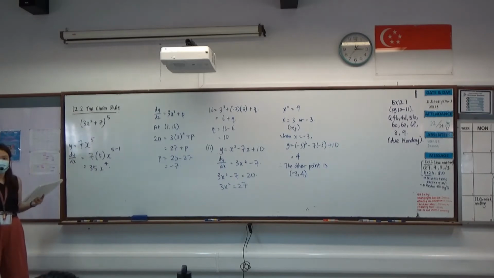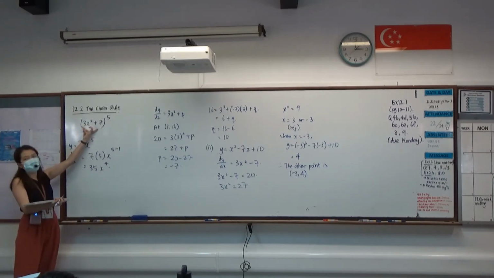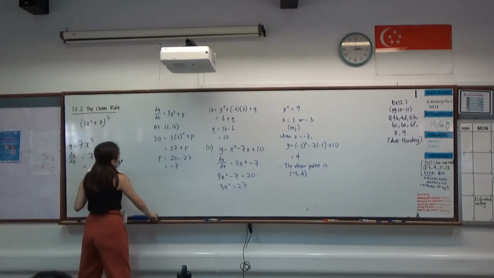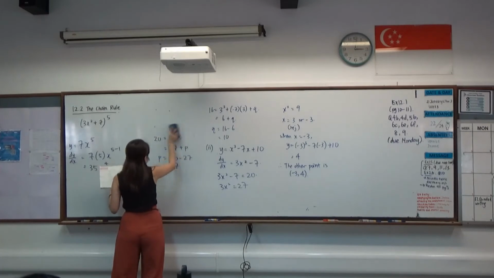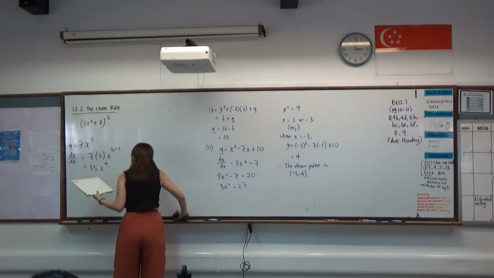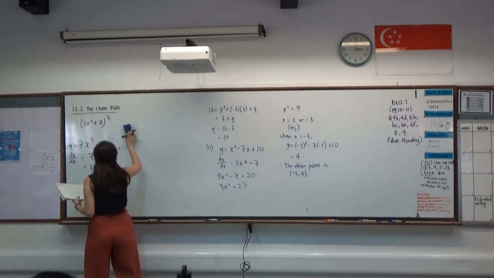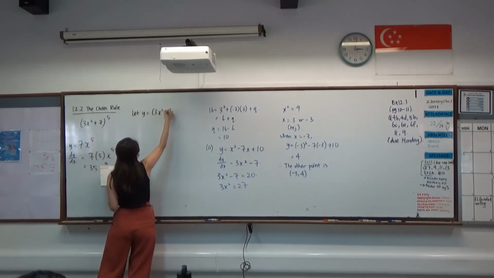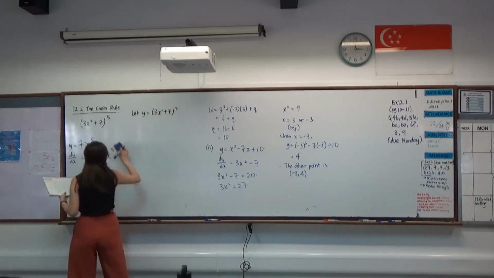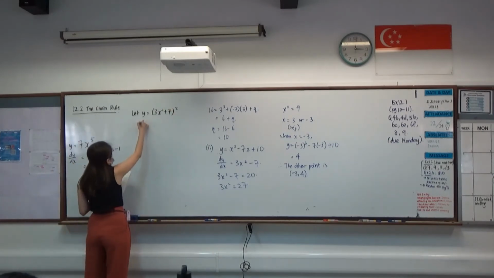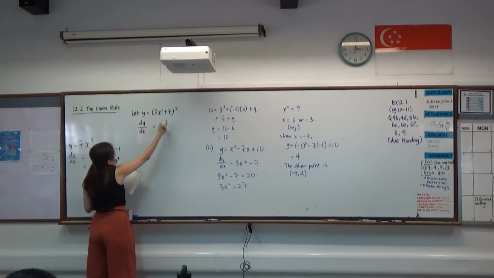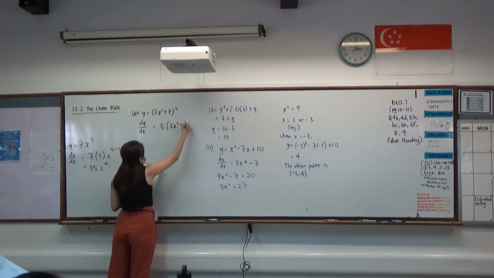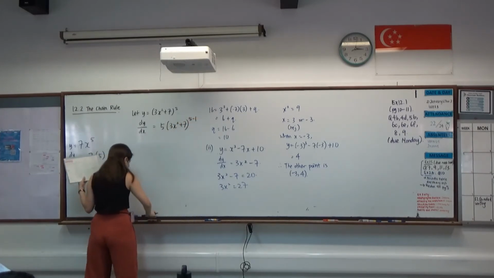But now what about this? So it works similarly, but the difference is that there is this whole thing inside the brackets for the power of 5. So our chain rule, so if I let y equals 3x squared plus 7 to the power of 5, our chain rule will tell us that we will likewise bring down the power, minus 1.